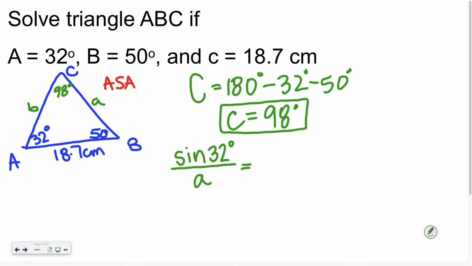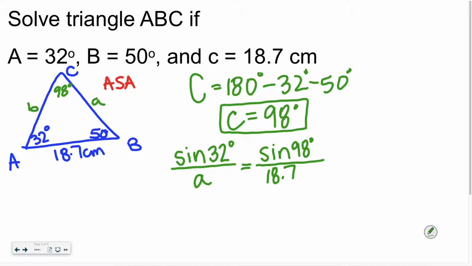And which pair of angle and side are we going to have to choose? We're going to have to choose C because we have both sets of information. So we know that the sine of 98 degrees over 18.7, sorry.